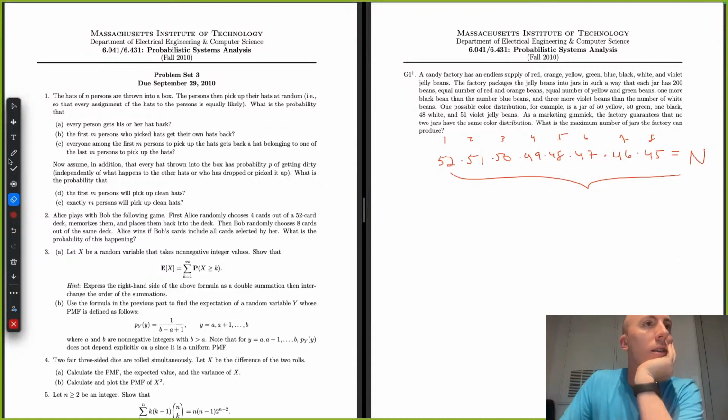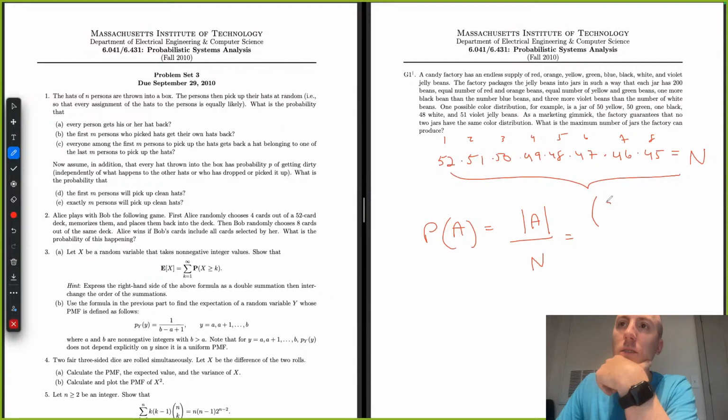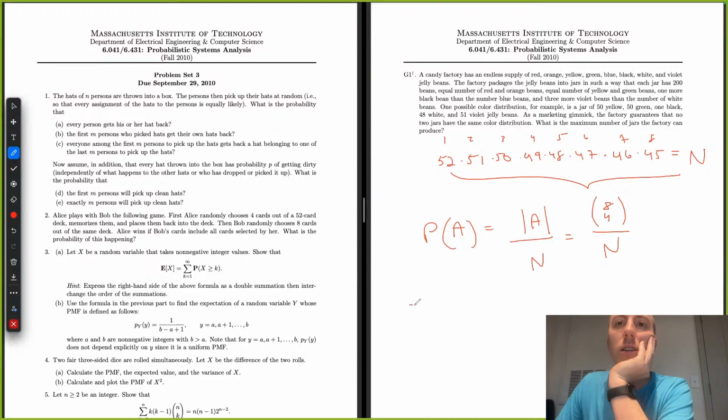Let's say the probability of Alice winning is the number of winning hands over the total number of hands. So the numerator is literally just 8 choose 4, which is equal to n factorial over m factorial times n minus m factorial.